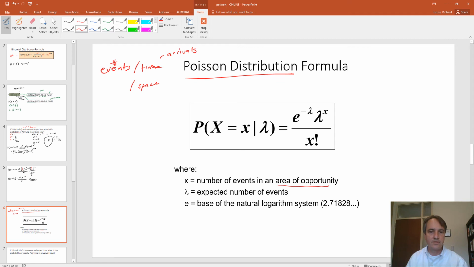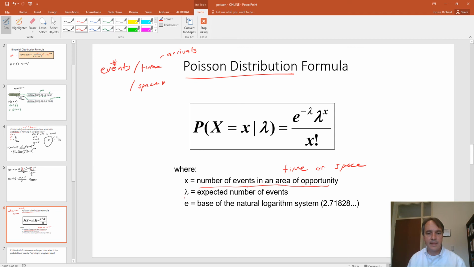And we're looking for the number of customer arrivals, or the number of defects in a certain amount of space, the number of typos per book or something like this. So the key there is that we're looking for a particular number of events in some kind of area, which can be either time or space.